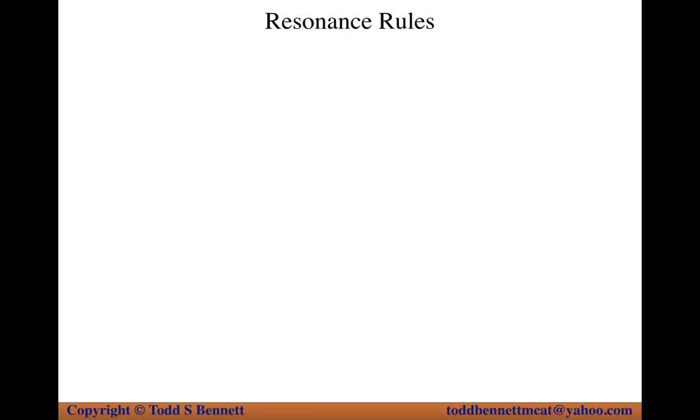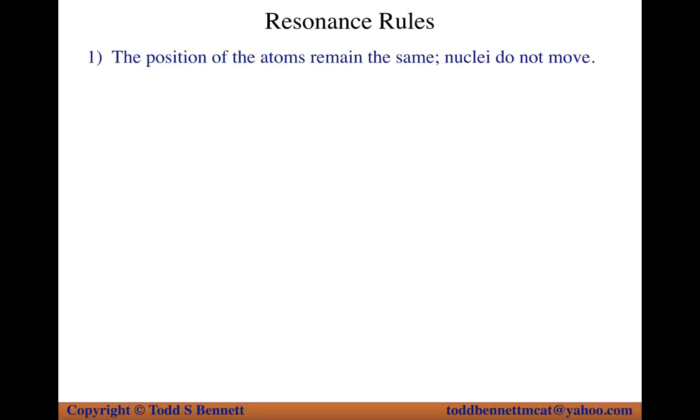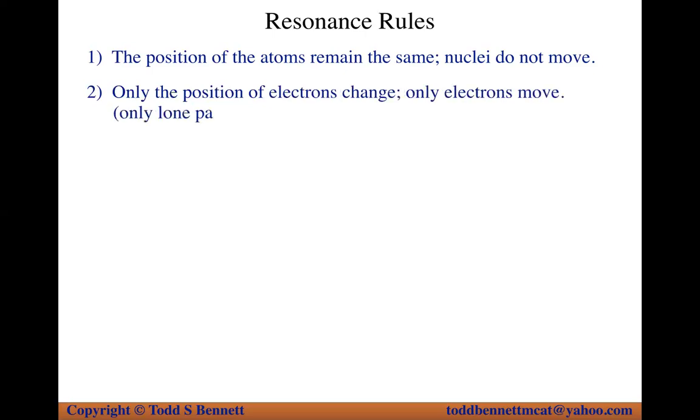So, resonance rules. A couple of things we need to get down pat before we go much further. When you move electrons, the atoms themselves, which are defined by the nucleus, do not move. Notice electrons move from one p orbital to another, but the atoms themselves, the centers, all stayed the same. If an atom moves, it's a reaction.